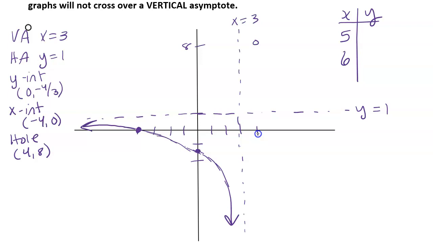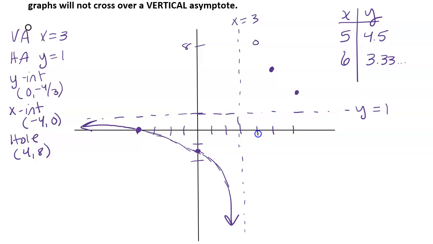I've already done that calculating, and all you're doing is plugging in. For 5 you get 4.5, and for 6 I got 3.3333, repeating. So let's sketch those points real quick: over to 5, about 4.5, and then 6, 3.33, something like that.